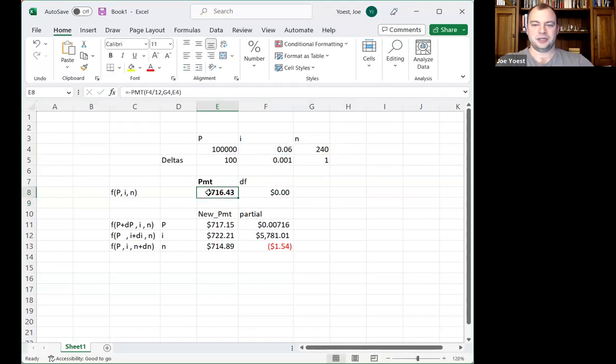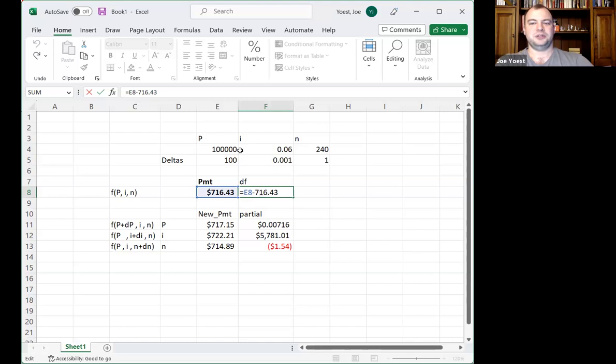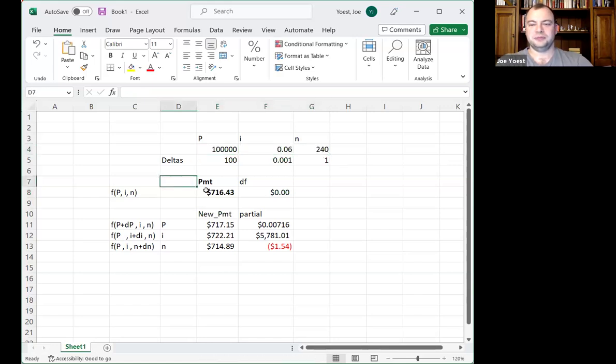So that gives me a payment of $716.43. DF is the change in the payment. It's the updated payment for different choices of P, I, and N minus $716.43. So right now we haven't changed P, I, or N at all. So our change in the payment, of course, is 0.